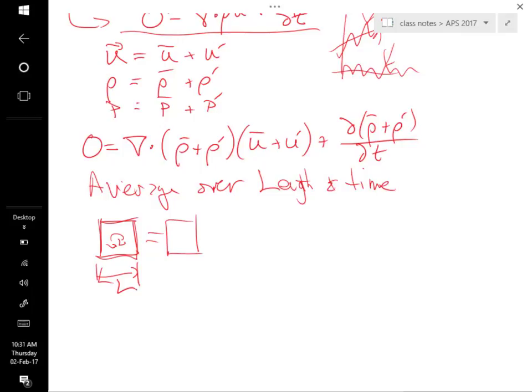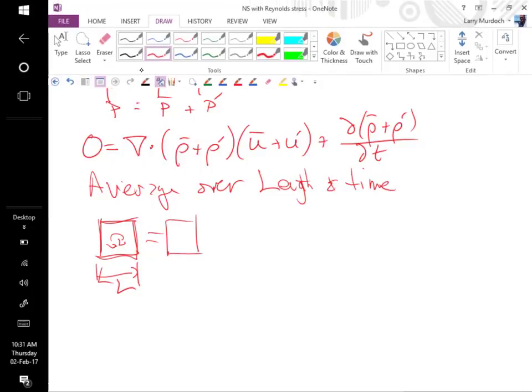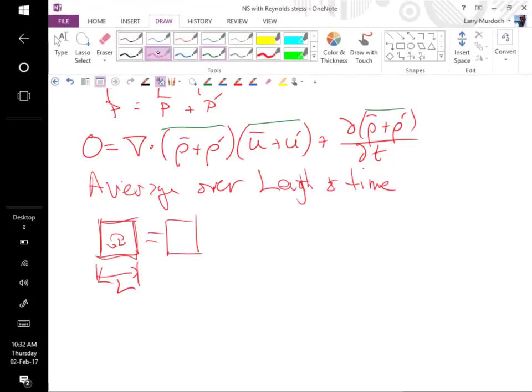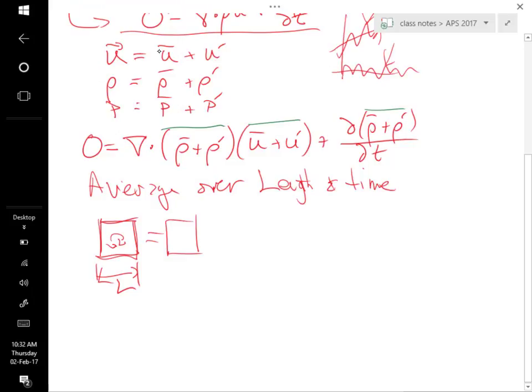And so what I can do then is say that the bar over everything is what I'm going to do to average. Okay, so in order to do that, we need to have some rules for averages.